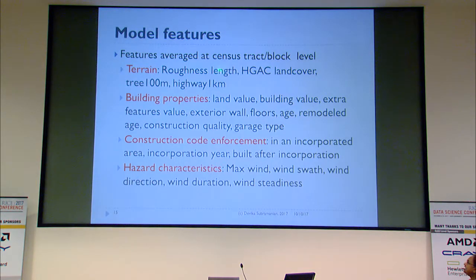Roughness length, which is a terrain parameter, indicating how treed an area might be. Building properties of various sorts. Construction code enforcement. Oddly enough, we found that we could explain a lot of house failures really by whether construction codes were enforced. Now, we couldn't have come up with that without the help of our political science friends. And hazard characteristics, because wind is the ultimate cause of damage.